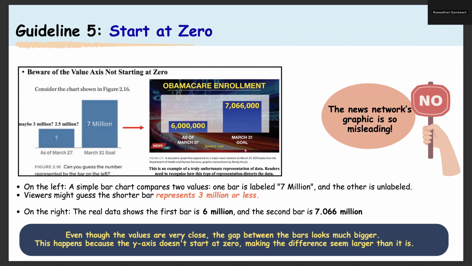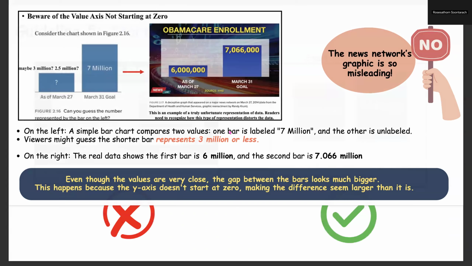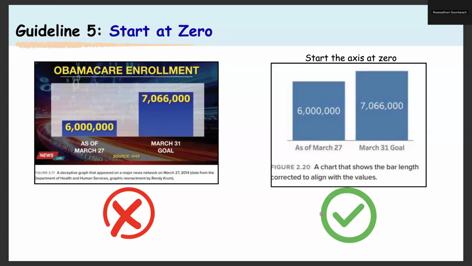Even though the values are very close, 6 and 7, the gap between the bars looks much bigger. This happens because the axis does not start at zero, making the difference seem larger than it is. So you need to make it like this, to start at zero.